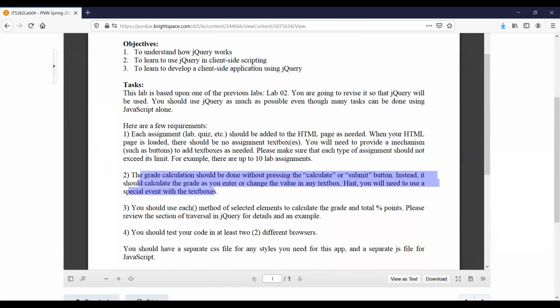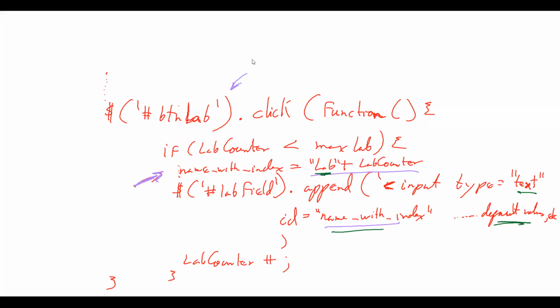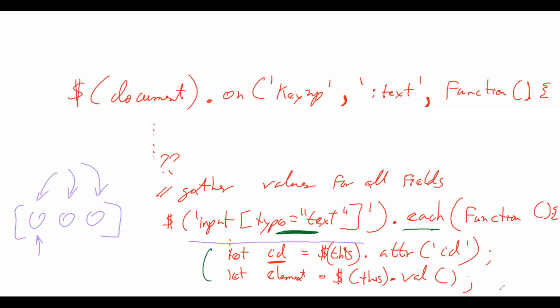And that's exactly what I suggested by doing this, so maybe you missed that part. Here are the buttons for creating the text boxes, but this part here is for calculating the grade.